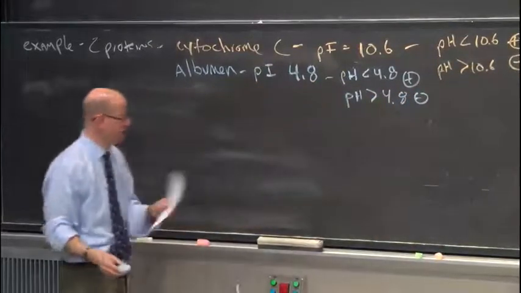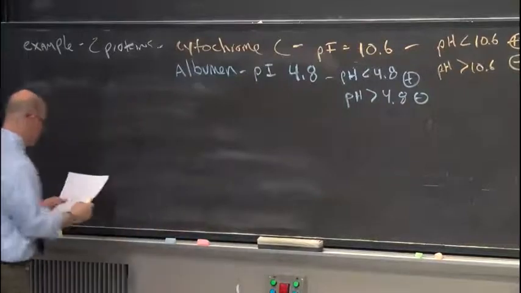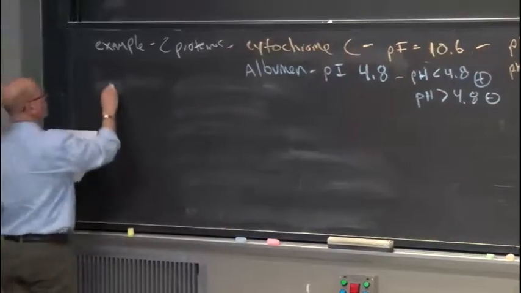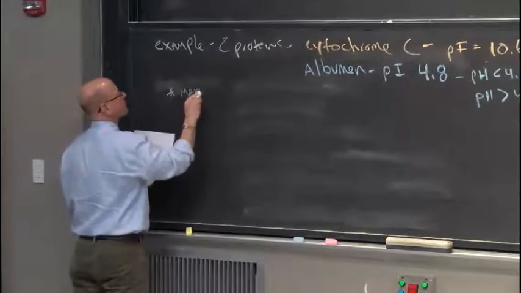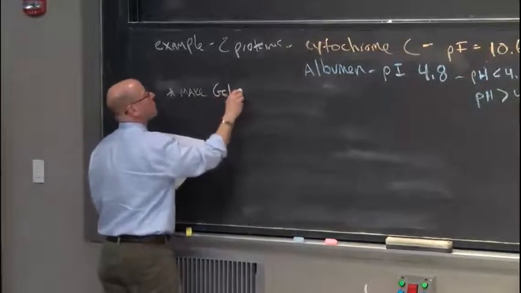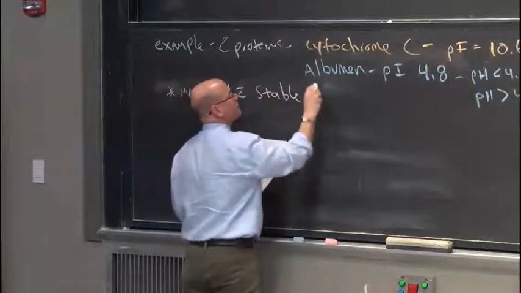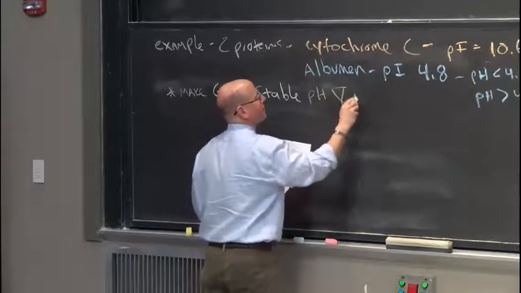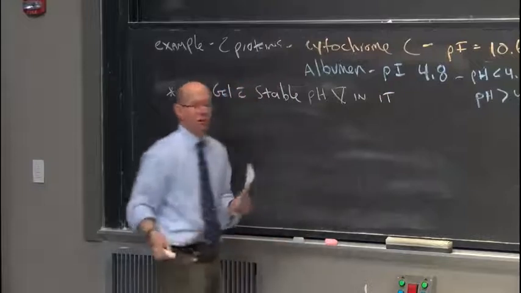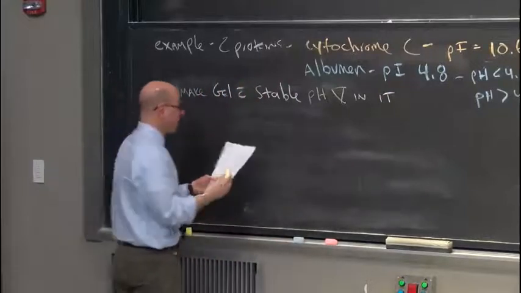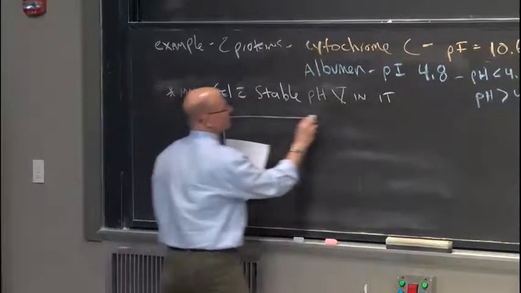So the trick here to do isoelectric focusing is I'm going to make a gel with a stable pH gradient in it. Let's not worry for now about how I do it. Let's just say I can do it.